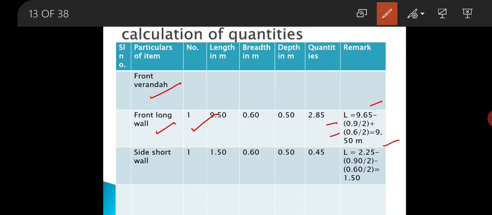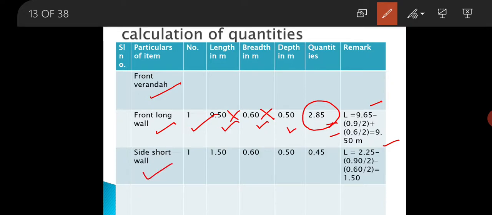This gives us a length of 9.5 meter. Width is 0.6 and depth is 0.5. By multiplying these three, we get the total quantity of 2.85 cubic meter. So the long wall part is over.